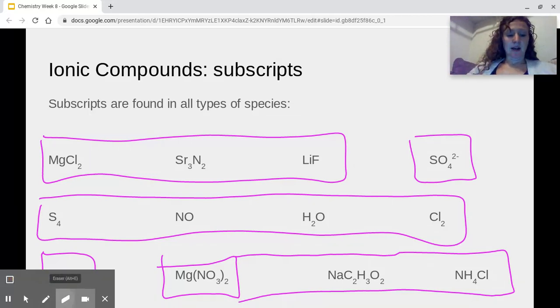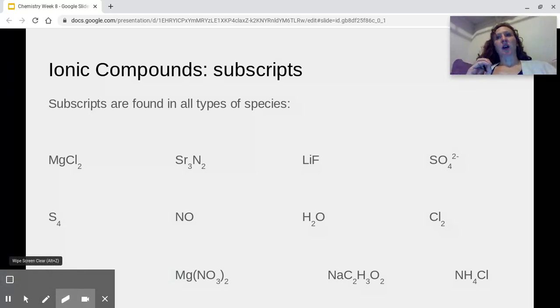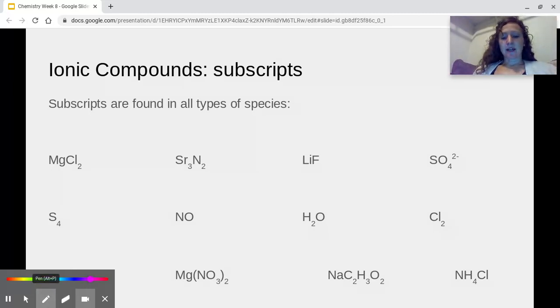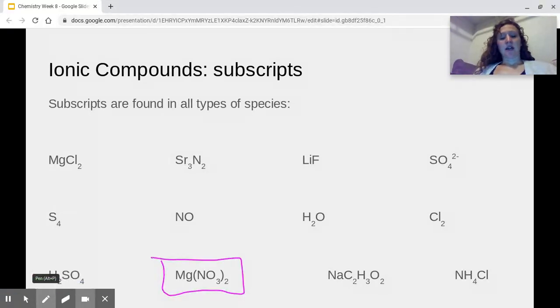Now, we talked about how subscripts describe the number of atoms or the number of ions that are present. Well, notice sometimes the subscript follows a parentheses, as in this 2. Notice how this 2 is behind a parenthesis. So what is it describing?